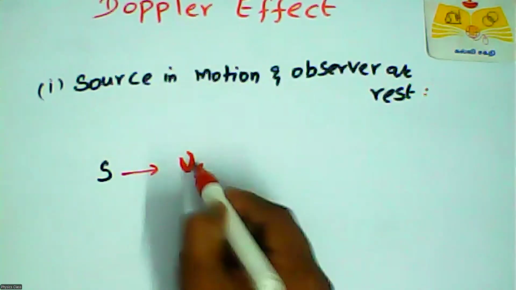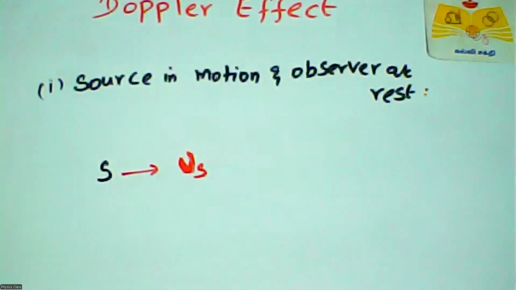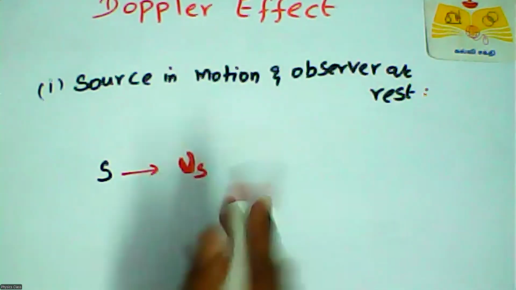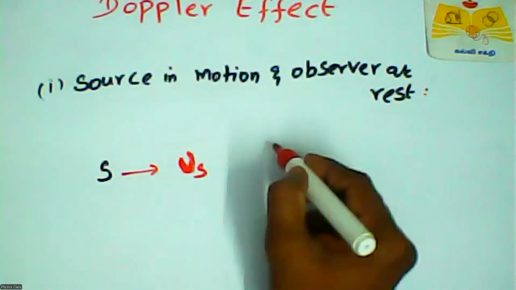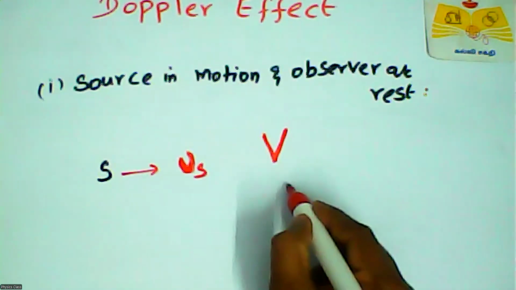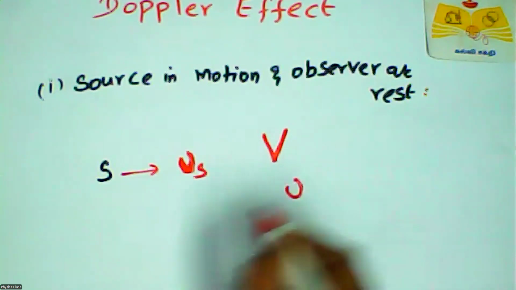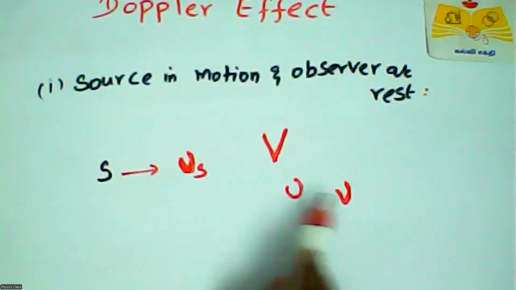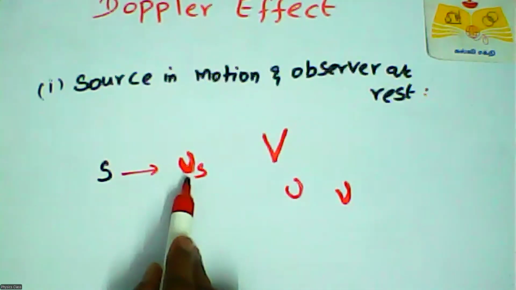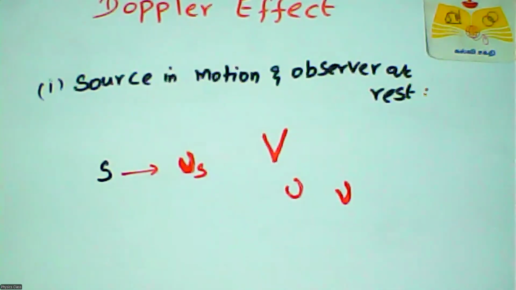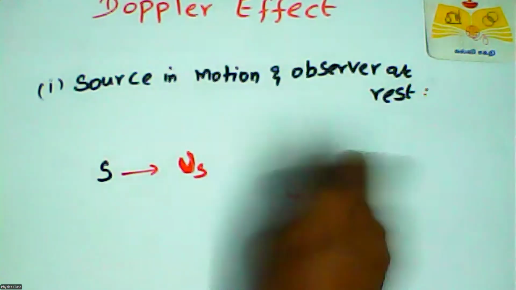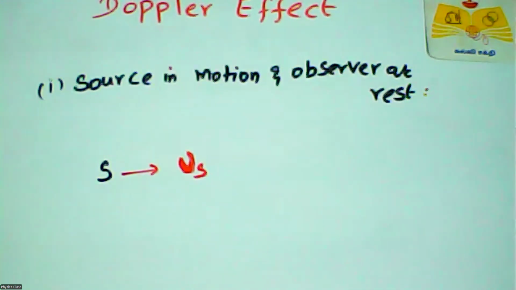Here V means velocity, and Vs is the velocity of the source, because in our physics book there will be a similar symbol, capital V, for volt. This is V for velocity, and that is volt, so that is why I am using V for velocity. So consider the source moving with a constant velocity Vs while emitting sound.